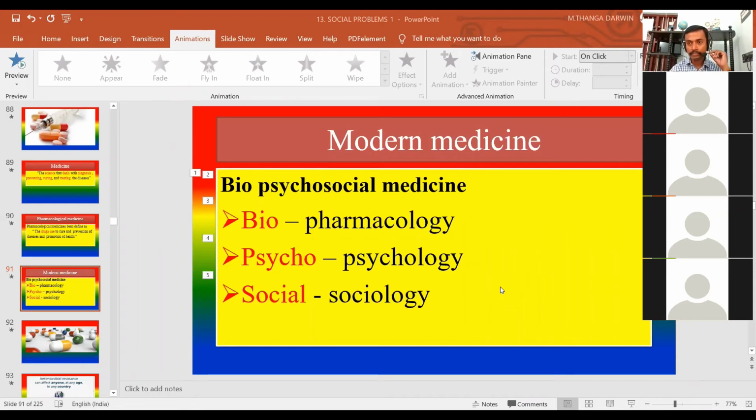Clear about it? So mainly social medicine is primary for treating these diseases, as well as preventing and controlling disease, etc. So when you go to hospital, don't think about only medicine. Think about social and psychological factors.